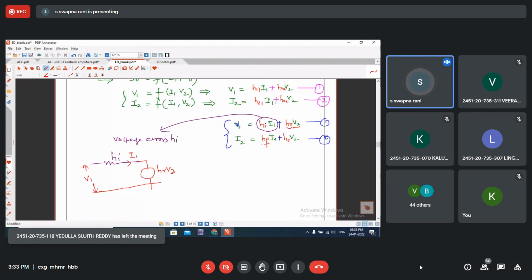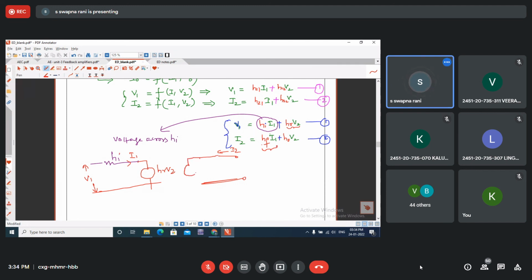And in a similar manner, these are the output terminals. The output current I2 has a term HF into I1, which is a current quantity. We identified that it is a current quantity. Therefore, I inserted a current source whose magnitude is HF into I1, and I have inserted a resistor 1 by H22.